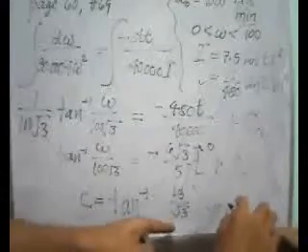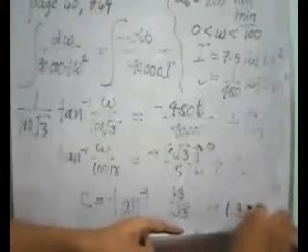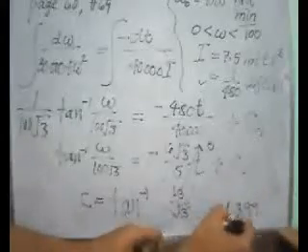So this is supposed to be equal to almost 1.399. Okay, so we approximate c to be equal to 1.40.